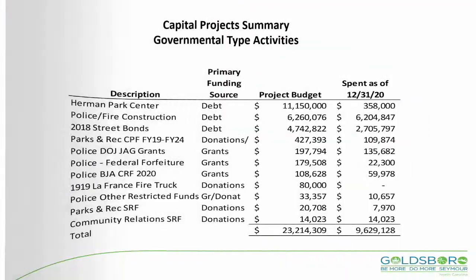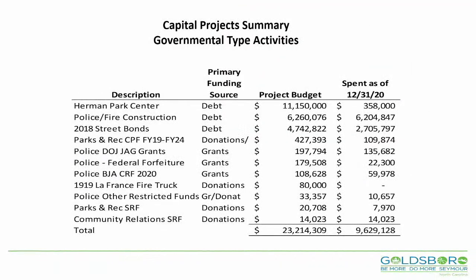Okay, so first I want to just recap for you the governmental type activities, strictly governmental. For example, the council authorized Herman Park Center at $11.1 million. To date, we've spent $358,000. The police construction, which of course you know is complete, $6 million, and we've spent $6 million.